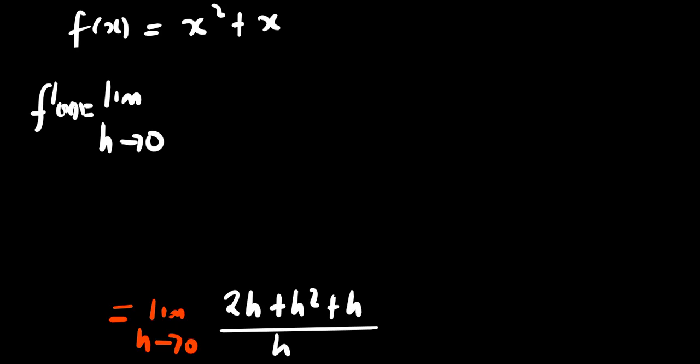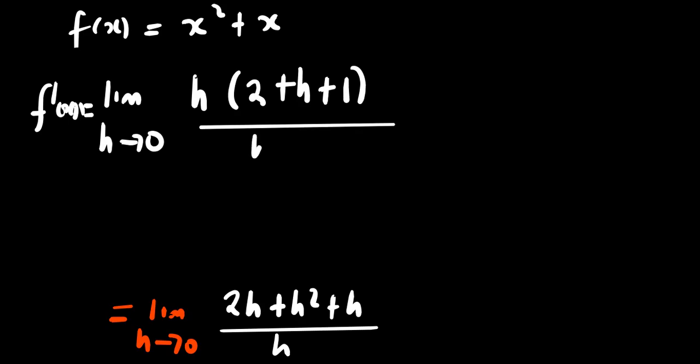Now we've got this expression on top. So allow me to factorize the h, because our goal is to cancel the h. So I'm going to have h outside. I'm going to remain with a 2, plus h plus a 1. Then down we have h.